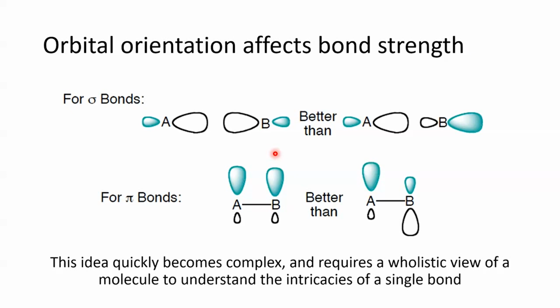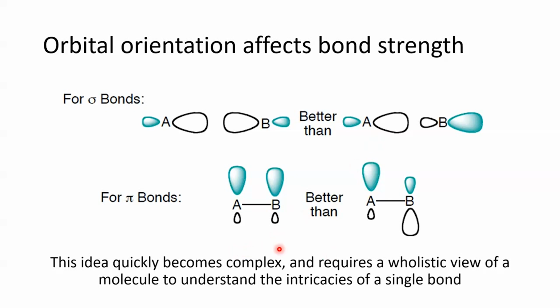Now, we've talked about different atoms combining together in molecular orbital diagrams, but the orientation of the orbitals also affects bond strengths. Here we have two orbitals that have matching orientations and strengths, so the lobes that you see are the same size. That's better than if you have misaligned orbitals that have differences in the amount of electron intensity. So the top one's more for sigma bonds, but the same goes for pi bonds as well.